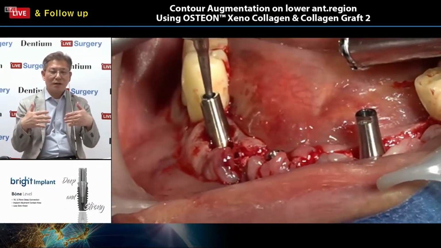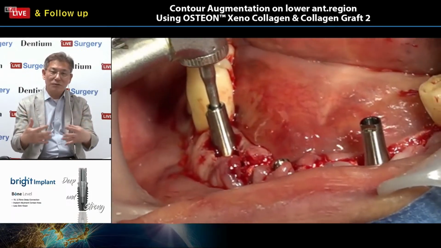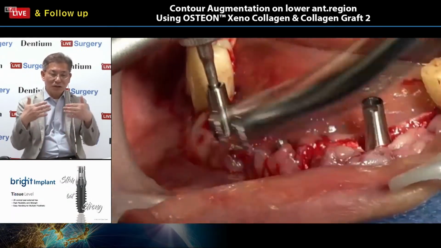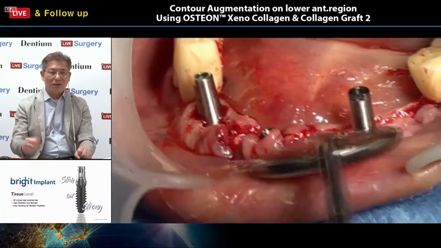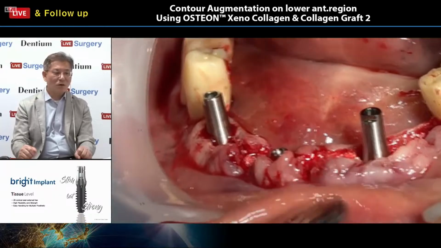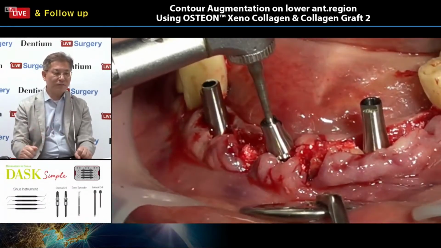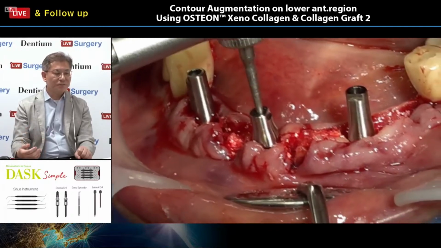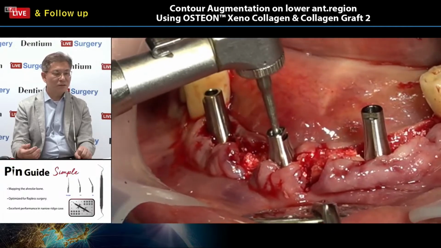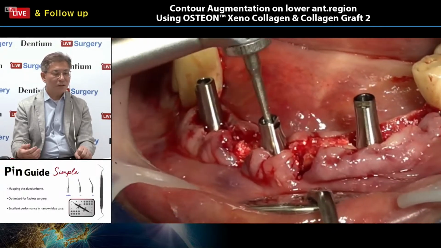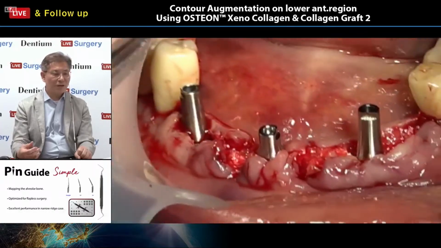So for the lower jaw, this notch should face labial, and for the upper jaw, this notch faces the palatal direction. So all these notches face the same direction. It's better for detection by the intraoral scanner.